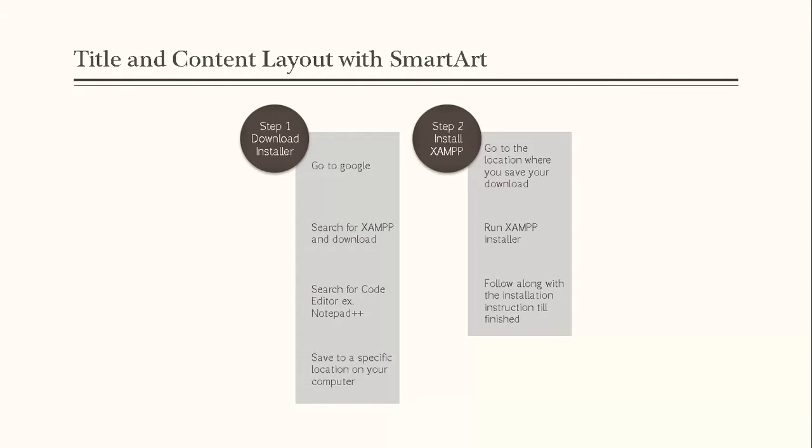Okay, so these are the following steps. Sorry, I forgot to edit the title. For step 1, download the installer. You can go to Google and then search for XAMPP and download.